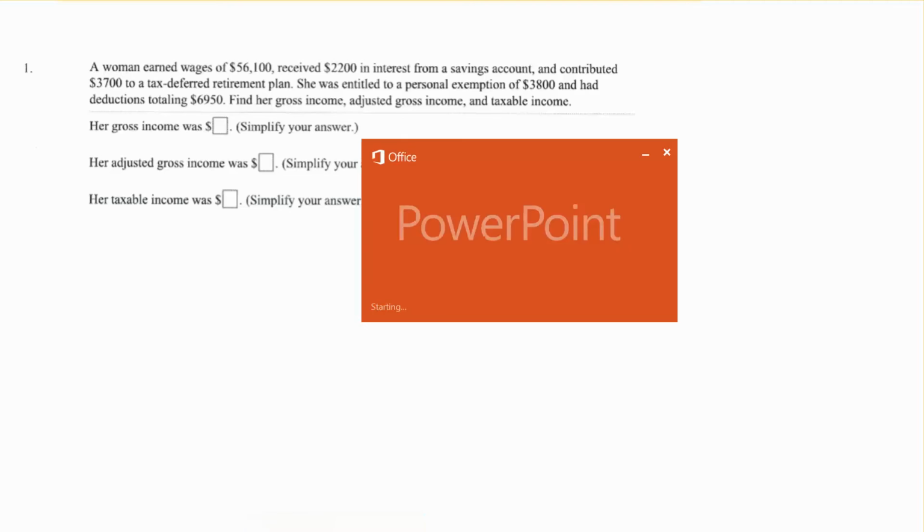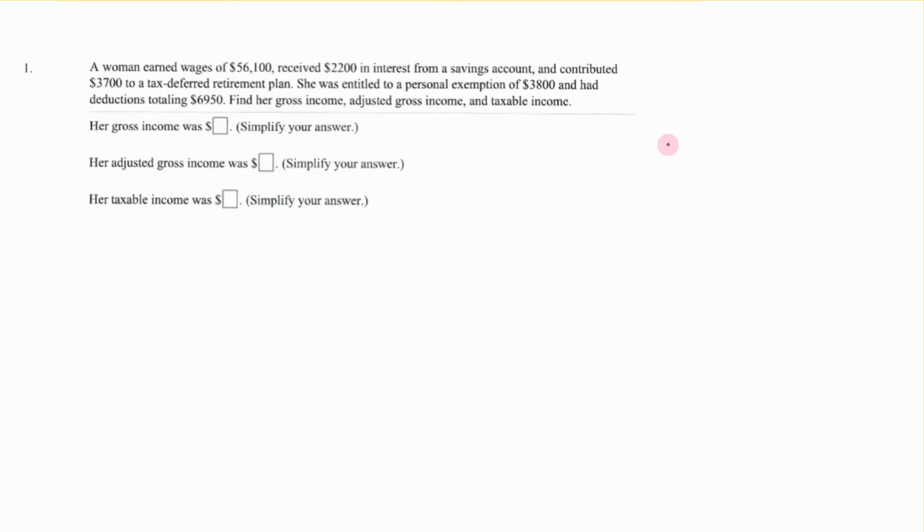We have gross income. It is the sum of her wages and her interest.